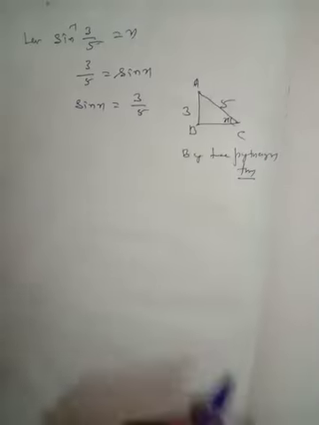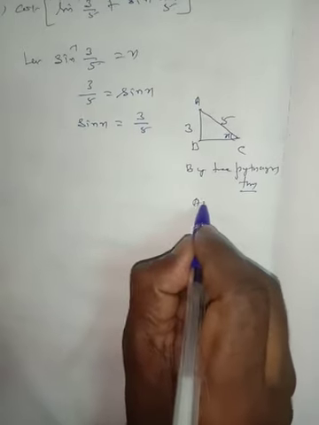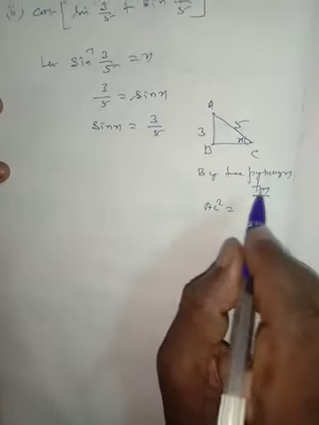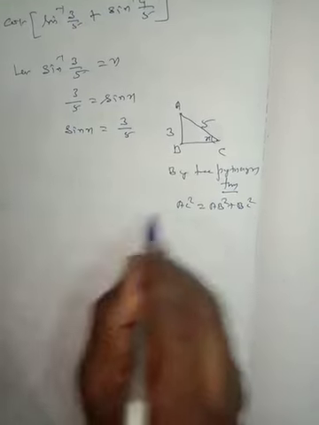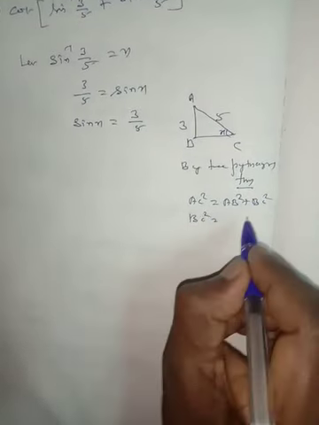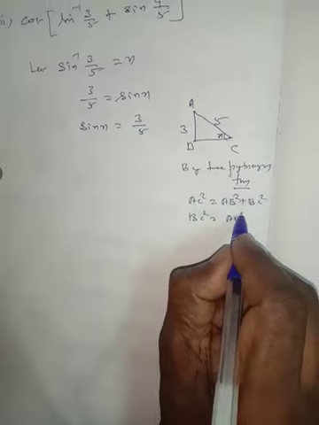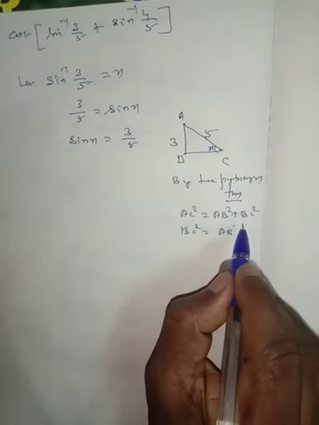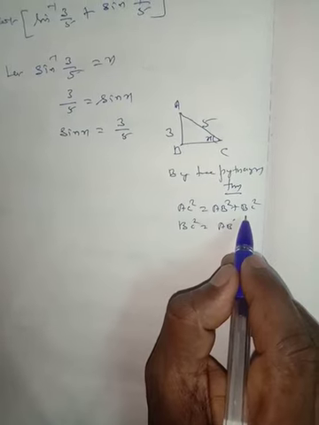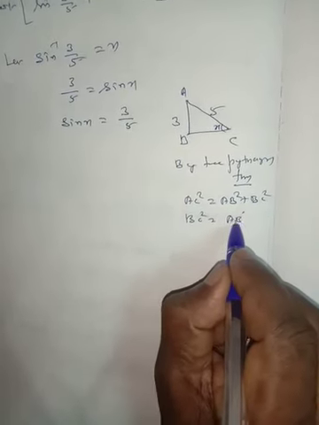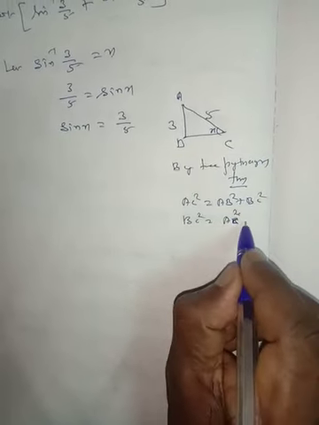Pythagoras theorem: AC square is equal to AB square plus BC square. Now we want to find BC square, which is AC square minus AB square.